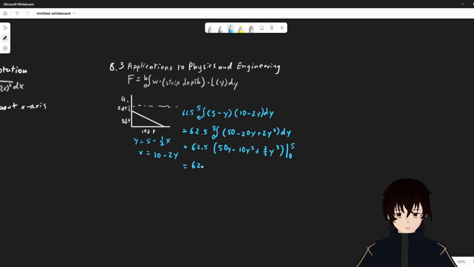And that's equal to 62.5 times, plug in 0, we get 0 at least. So that's 250 minus 250 plus 250 over 3. So we get 62.5 times 250 over 3.